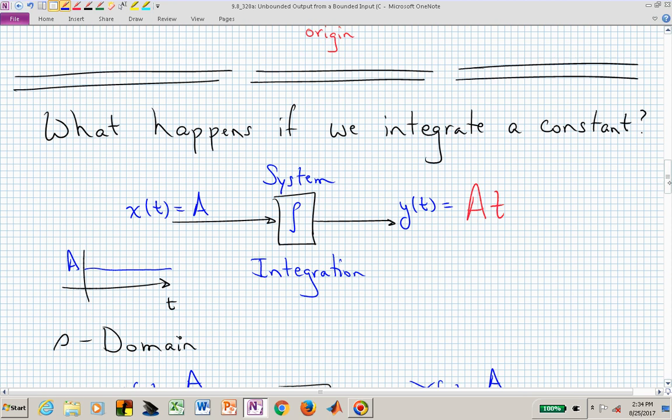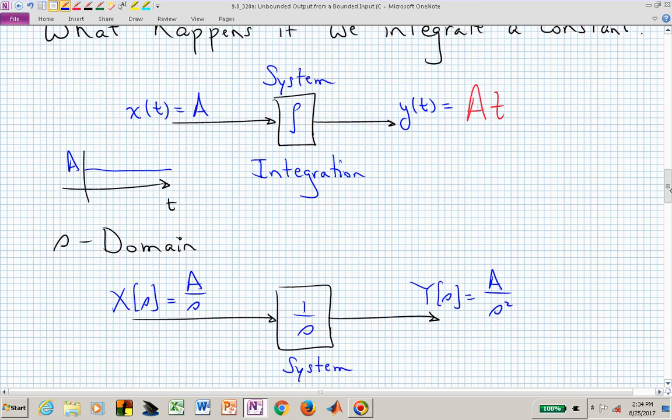If we look at that in the s domain, what does that translate into? We simply Laplace transform a, the constant, and we get capital X of s, which is A over s. An integration operation in the time domain becomes a 1 over s operator in the s domain, and we know how to compute the output based on the input.